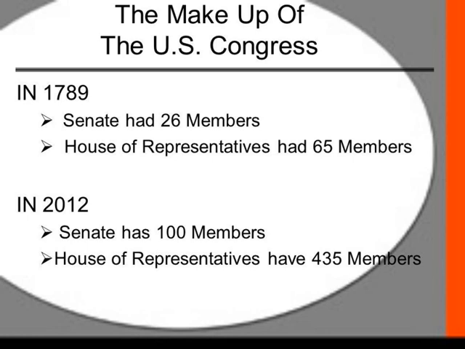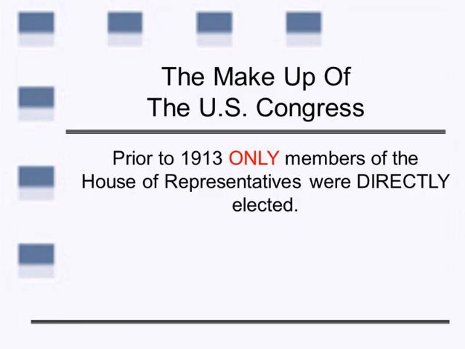Now, we're going to take a little bit closer look at how members of the United States Senate are elected. Remember, originally, the United States Senate was made up of individuals that were selected by state legislatures.